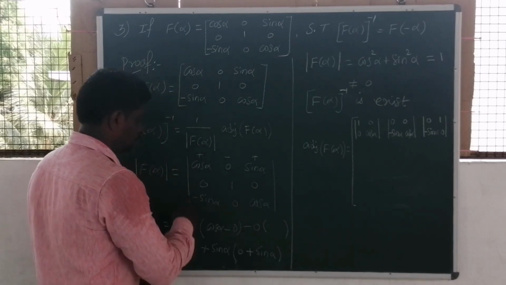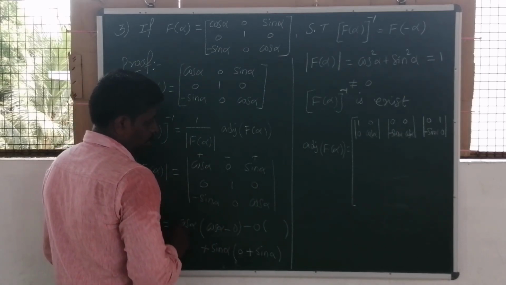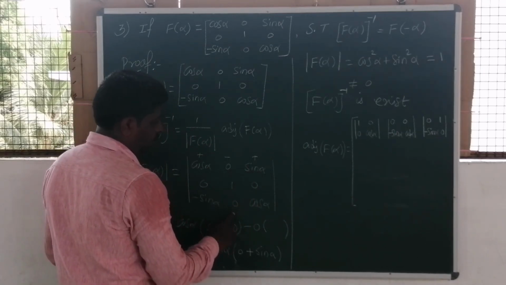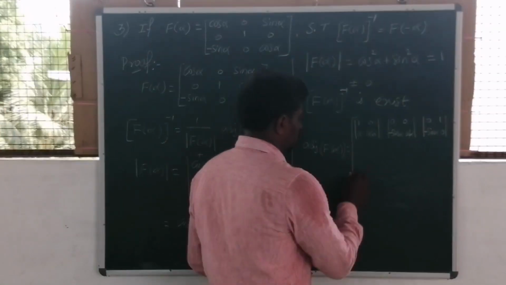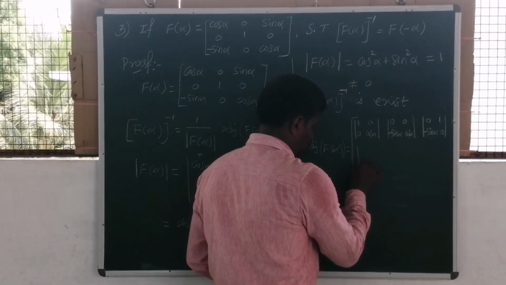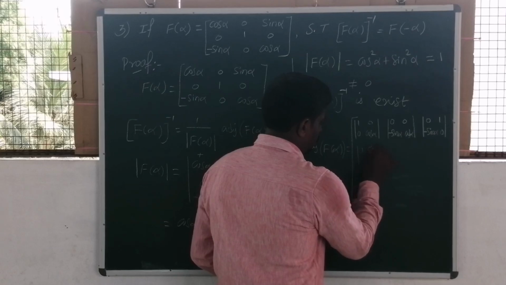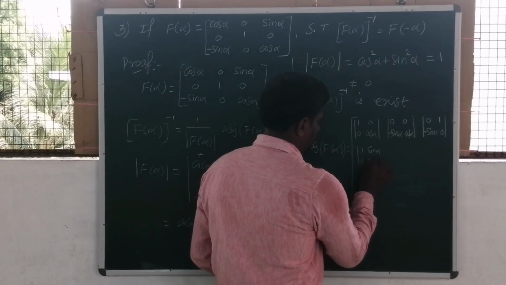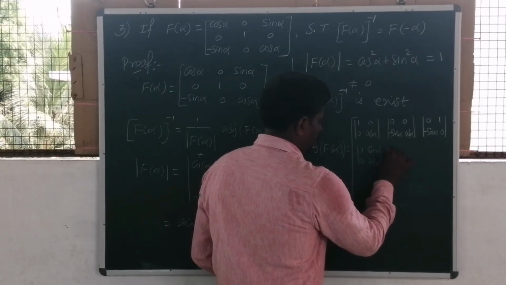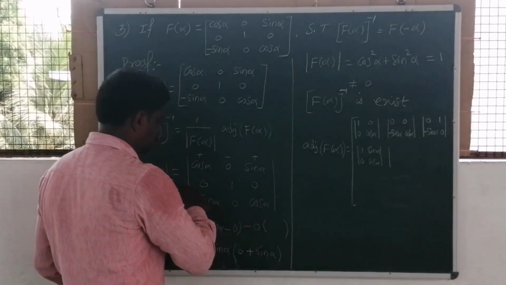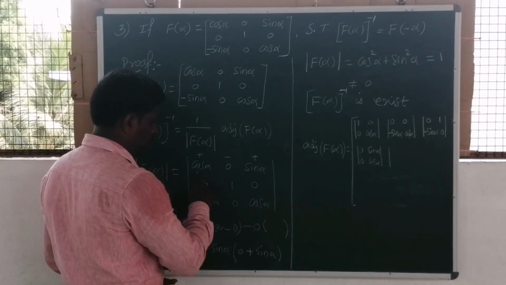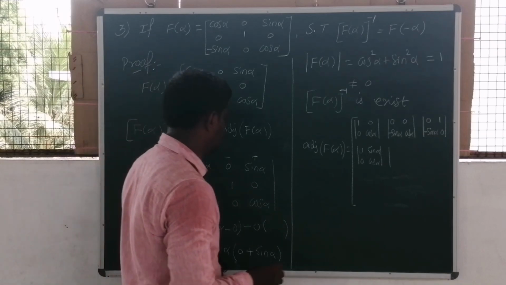The fourth one is 0 sin alpha 0 cos alpha. The fifth one, second row second column, is cos alpha sin alpha minus sin alpha cos alpha.